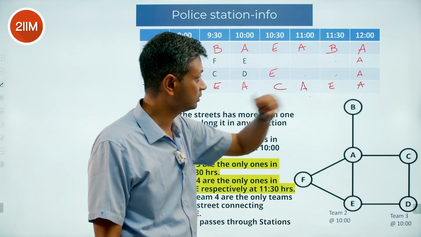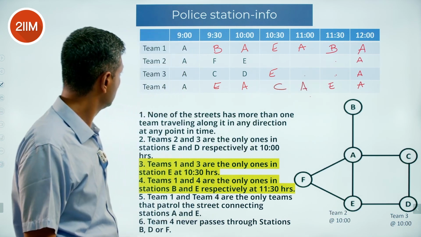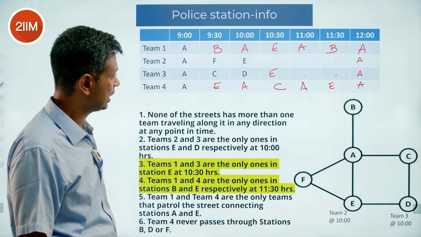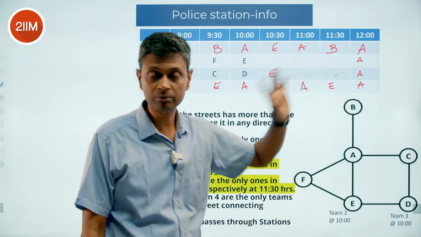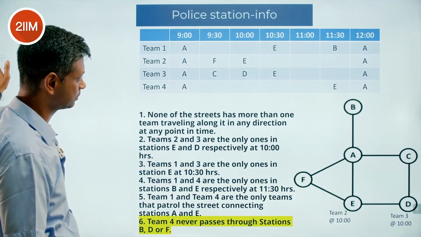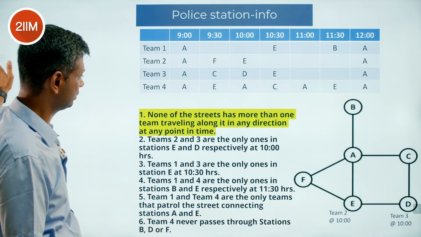D, C, A, that is possible. In which case this is C, this should be F. Team 2 is at E. Finishing with F, we need to think about F and C, which one comes here, which one comes here. I'm going to fill this in, recap this, and then attack that separately.